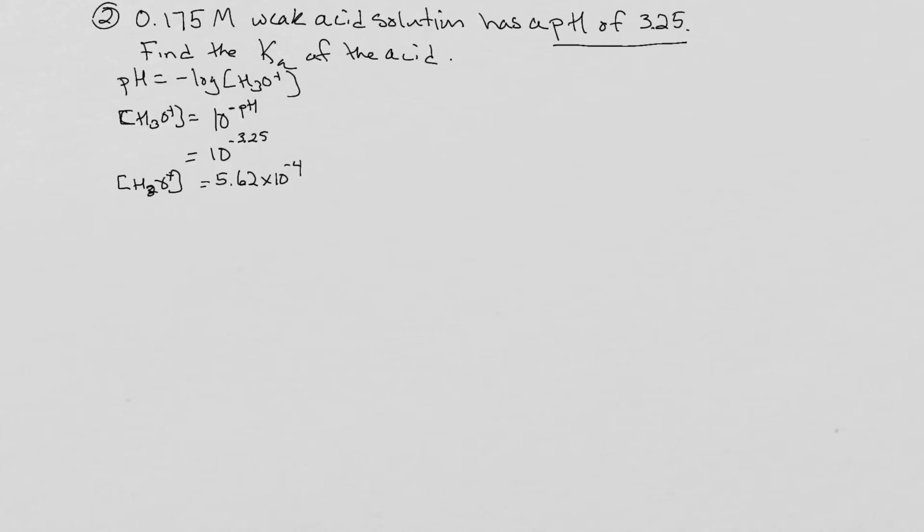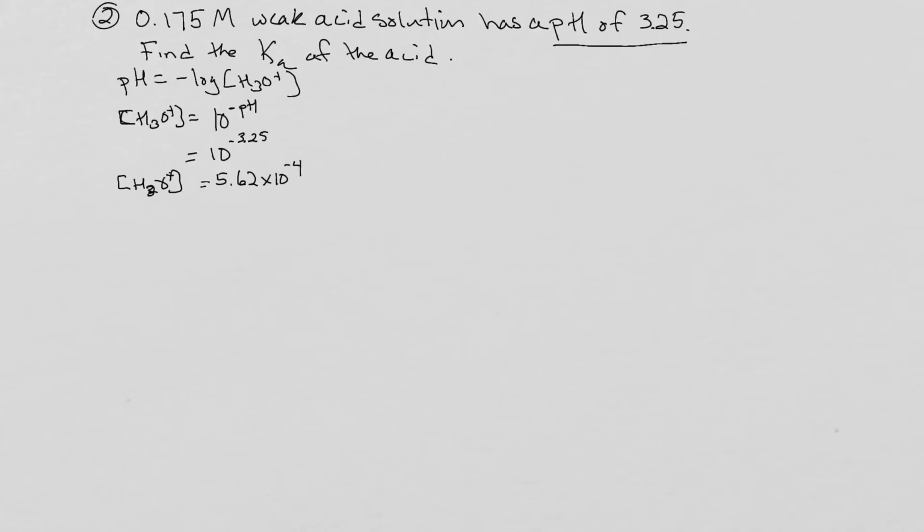Okay, so now we have our hydronium ion concentration. We can go ahead now and start working our equilibrium problem. Now, one thing that we need to get an understanding of is we don't even need to know what the acid is to do an equilibrium problem because they all follow the same equilibrium.